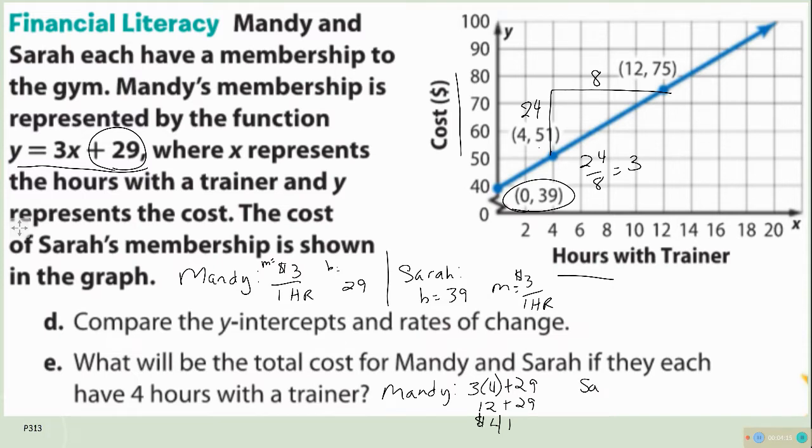Sarah, she would pay $3 for 4 hours plus 39. So that would be 12 plus 39, so that would be $10 more, so that would be $51. And that's how you figure out what each one is paying after a given amount of time.